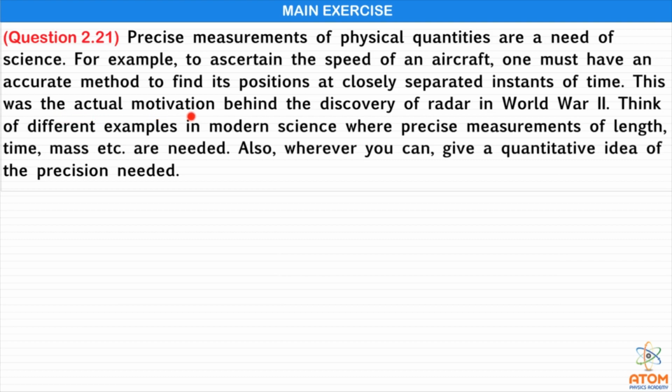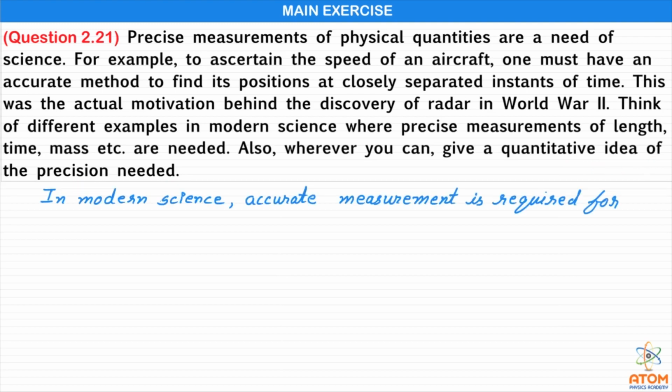This was the actual motivation behind the discovery of radar in World War II. Think of different examples in modern science where precise measurements of length, time, mass, etc. are needed. Also, wherever you can, give a quantitative idea of the precision needed.